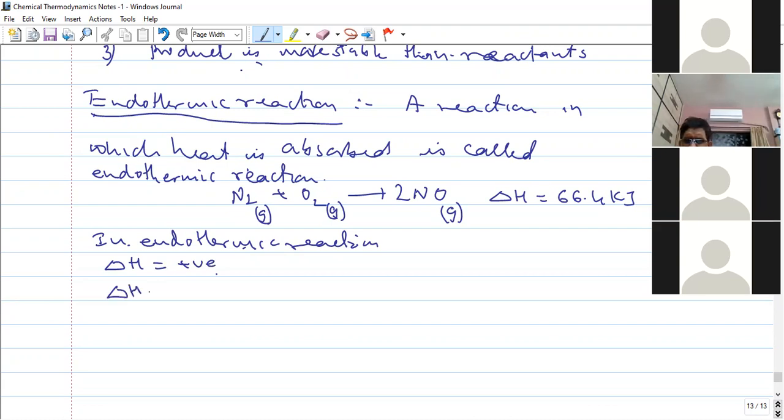Delta H is equal to HP minus HR. तो इधर पॉजिटिव, इसका मतलब क्या है? एंथैल्पी ऑफ द प्रोडक्ट इज मोर देन एंथैल्पी ऑफ रिएक्टेंट.